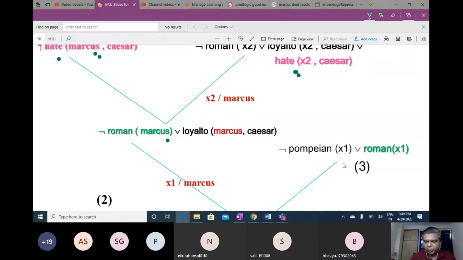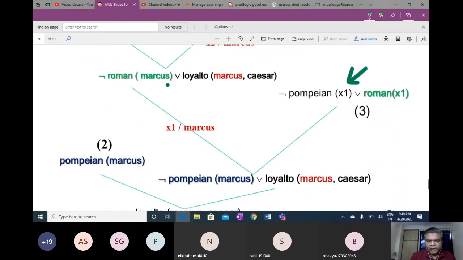So we find this: not Pompeian x1 or Roman x1. Roman Marcus and Roman x1 can match and cancel only when we replace x1 by Marcus. As soon as we replace x1 by Marcus, we generate another statement: not Pompeian Marcus or loyal to Marcus Caesar.